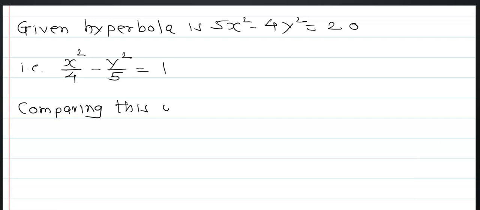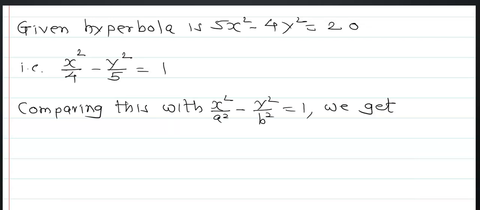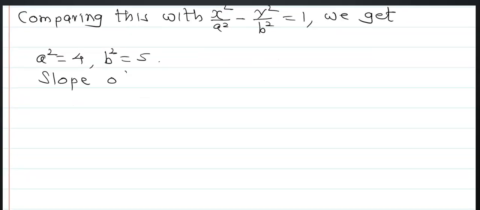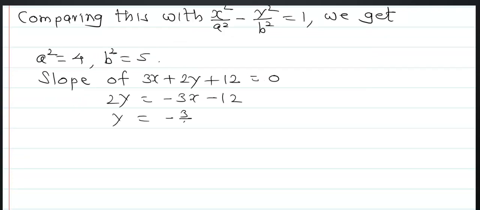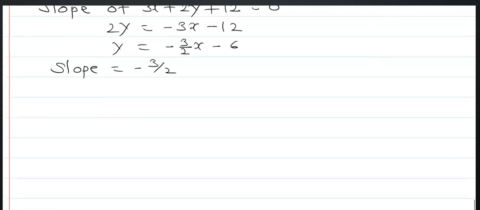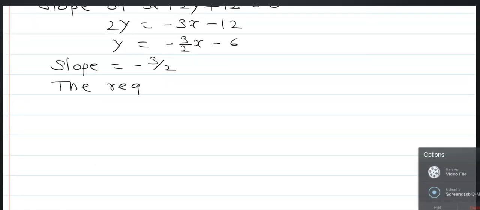Comparing, we have a square is 4, b square is 5. Slope of 3x plus 2y plus 12 equals 0: 2y equals minus 3x minus 12, therefore y equals minus 3 by 2 x minus 6. Therefore, m equals minus 3 by 2.